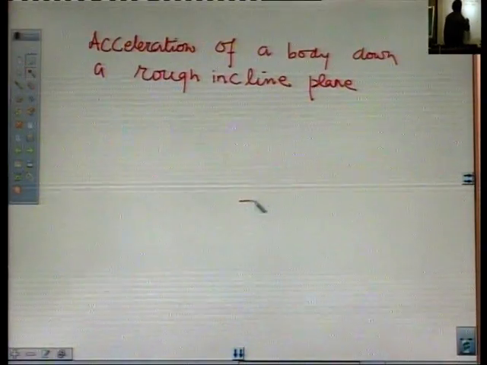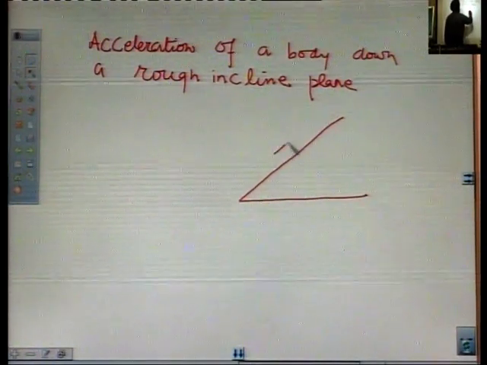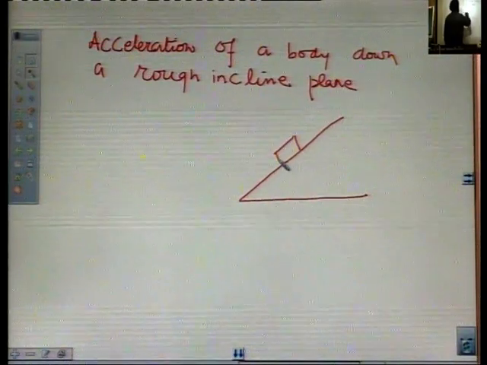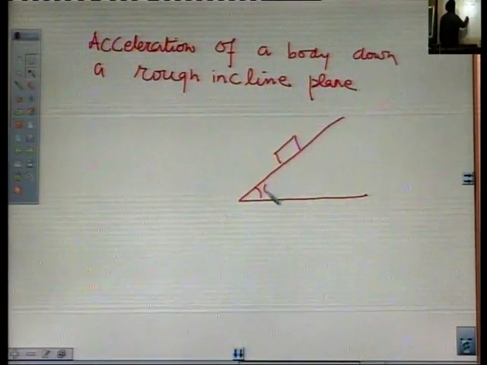So, let us suppose that we have an inclined plane, a body is lying on it, angle of inclination is theta.